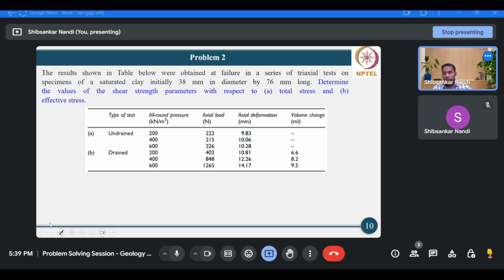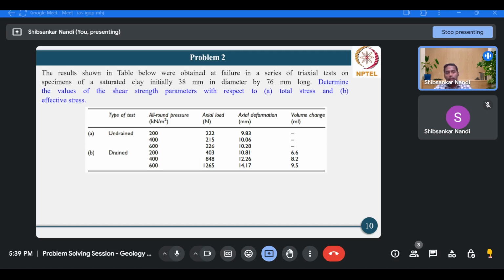Now, in the last class, we solved a similar type of problem, but in that case only 2 tests' data were given. However, in this problem, 3 tests are performed and the data corresponding to these 3 tests are given.